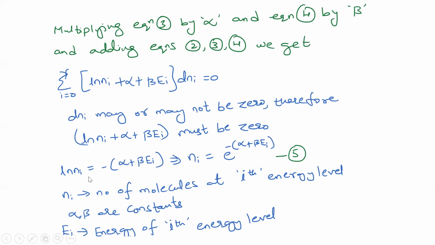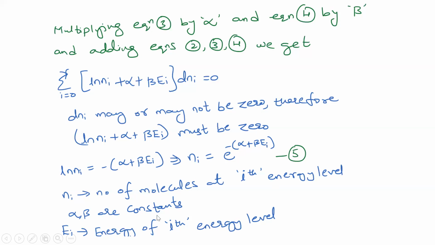When we solve it, we end up getting Ni. So now we are able to find Ni, which is e power minus alpha plus beta Ei. Here Ni ranges from i equal to 0 to R. For N0, it is e power minus alpha plus beta E0. So Ni is the number of molecules at the ith energy level.